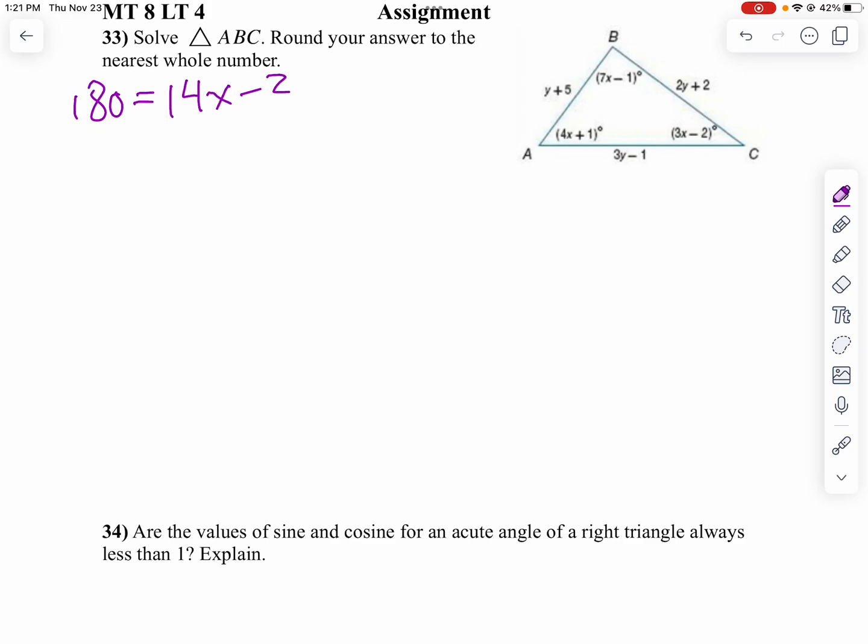Now let's solve for x. We'll add 2 to both sides. So 182 equals 14x. Let's divide both sides by 14. So we take 182 divided by 14, and we get 13.